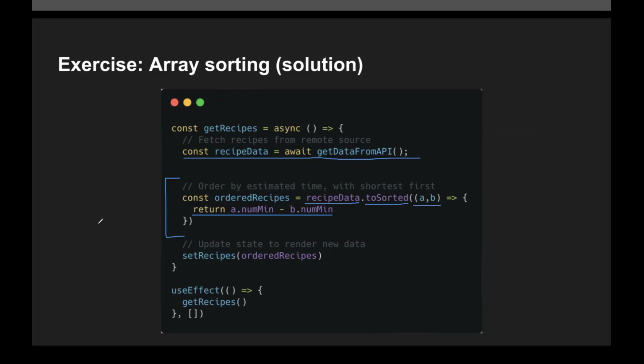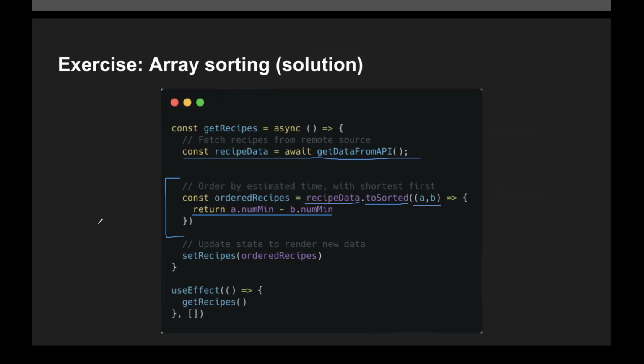This function is relatively new to JavaScript. The traditional way of doing this would be to use a sort function in JavaScript, which does the same thing, except it not only returns a new array sorted, but it also sorts the original array as well, which you need to keep in mind or may not want.